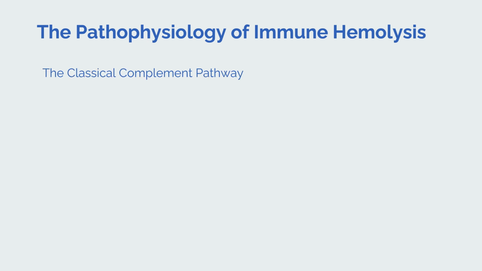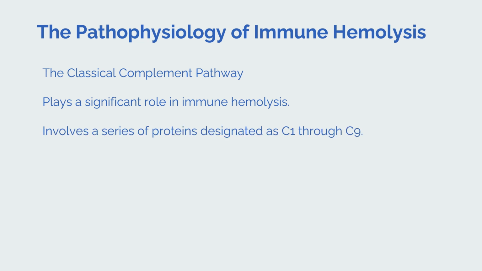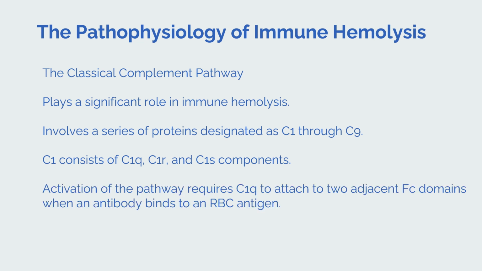Now, let's talk about the classical complement pathway. It plays a significant role in immune hemolysis and involves a series of proteins designated as C1 through C9. C1 consists of C1q, C1r, and C1s components. When an antibody binds to an RBC antigen, C1q must attach to two adjacent Fc domains to activate the pathway.